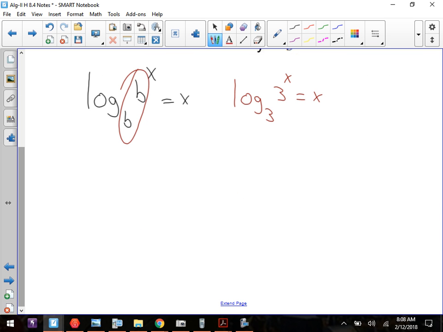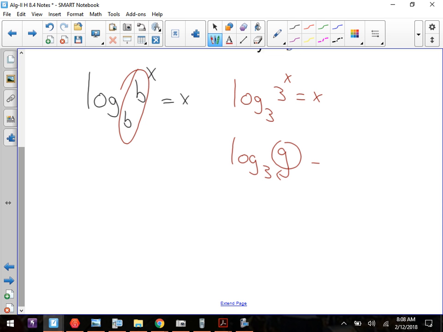Same thing goes with if I wrote it as log base 3 of 9. What would that simplify to become? 2. Very good. 2, because what can I do to this 9 to rewrite it as a base 3? 3 squared.